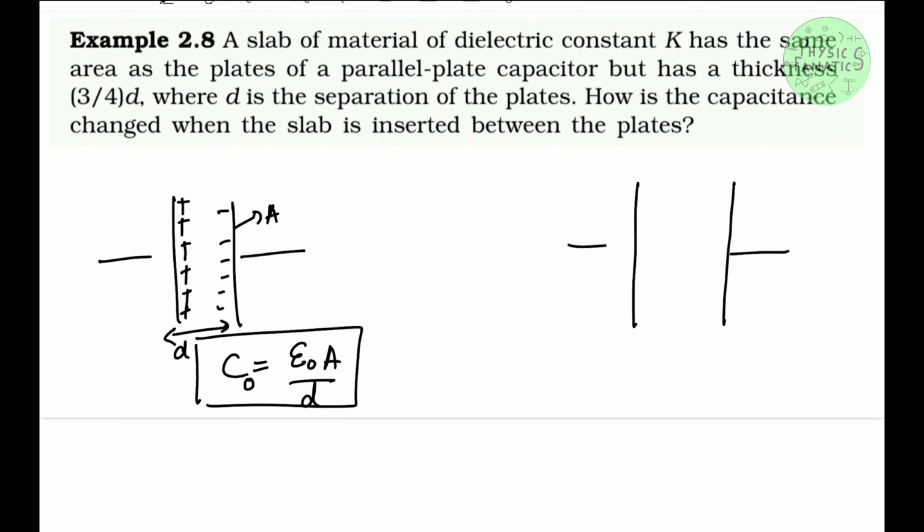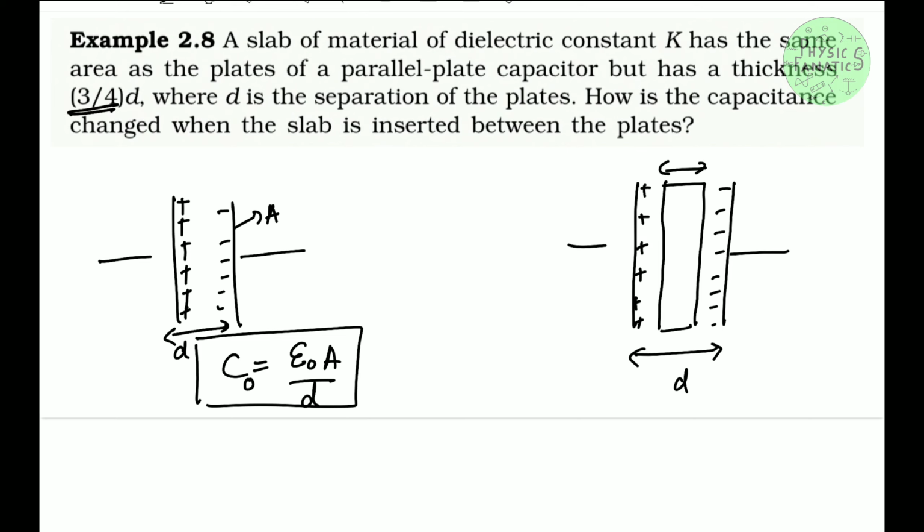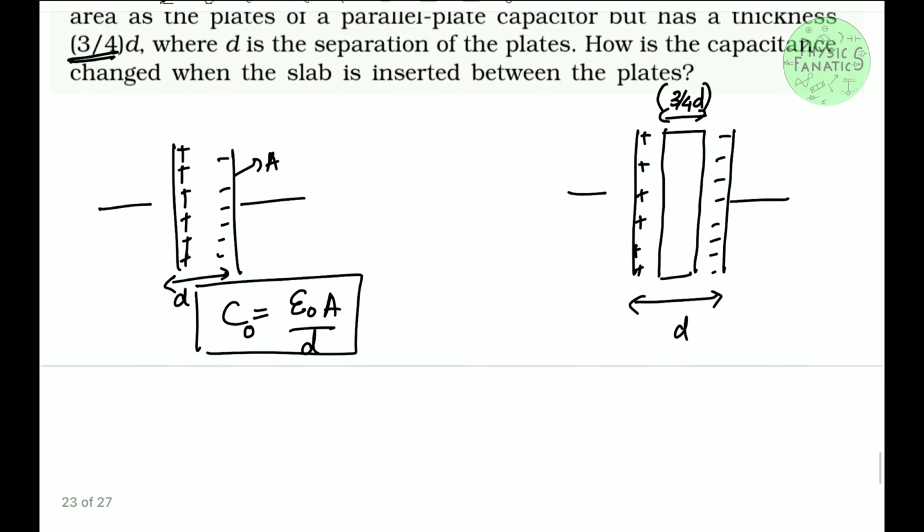So it is the same capacitor, and the separation between the plates is the same d. This time I have a dielectric material which has a thickness of 3 by 4 times d.